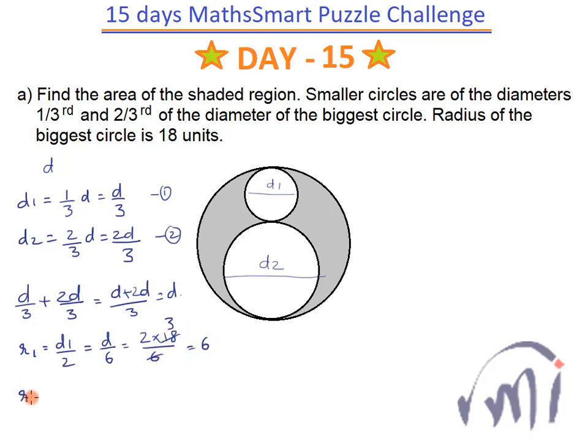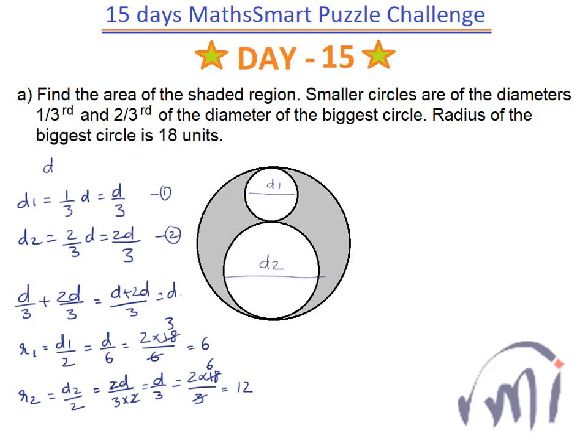And R2 is equal to d2 by 2, that is 2d by 3 divided by 2, or d by 3, that is 2 multiplied by 18 by 3, which is equal to 12 units.